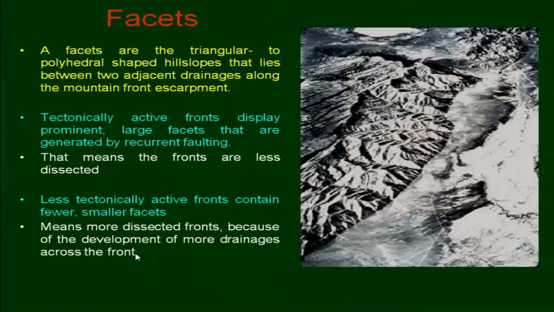This is another parameter based on which one can identify tectonic movement. It is one of the important parameters of tectonic geomorphology based on which one can talk about tectonic movement in the region. Now, if you see the triangular facets, this is from the Himalayas.